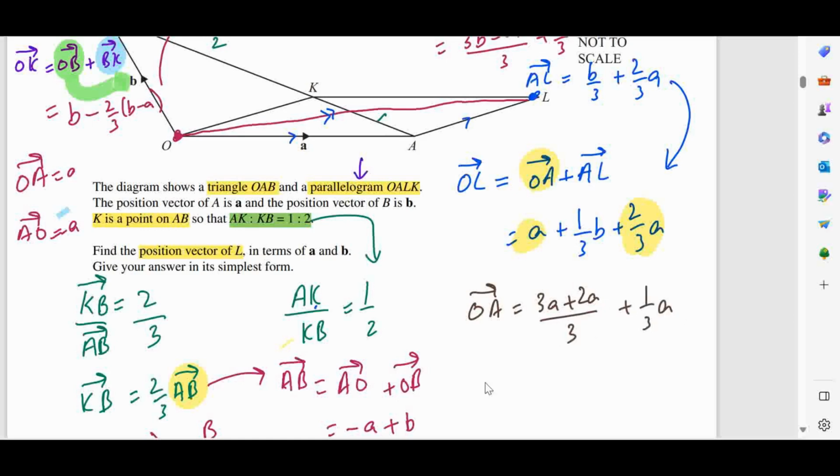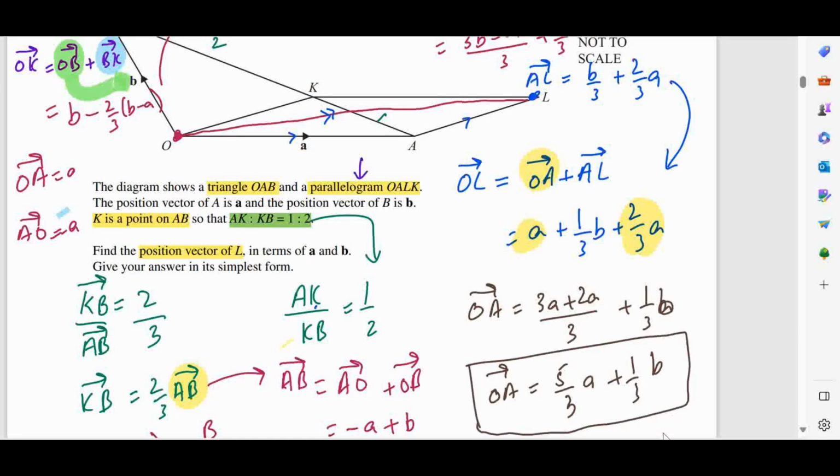Just took the LCM. So vector OA will be equal to 5 by 3 a plus 1 by 3 b. So this will be the final answer.